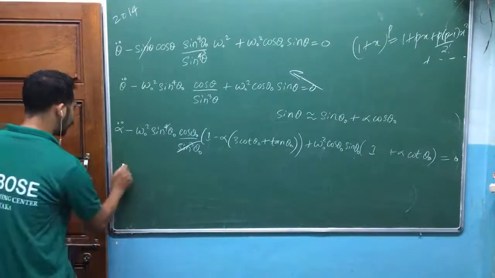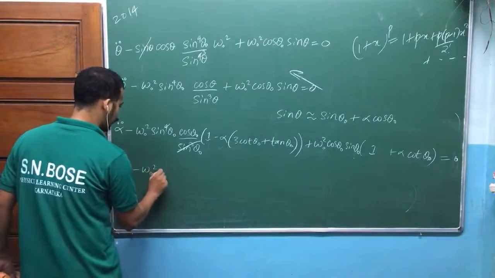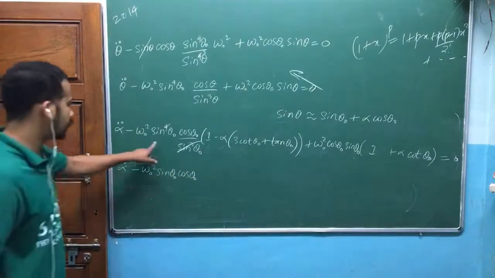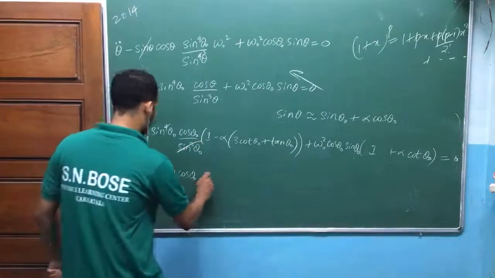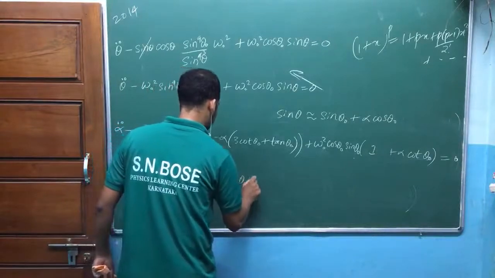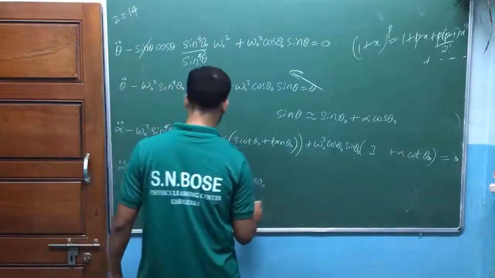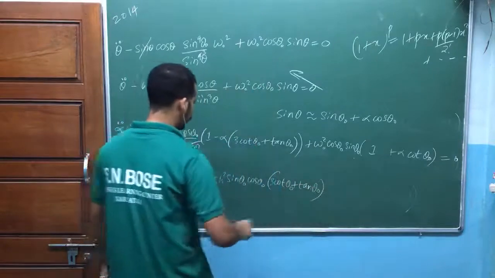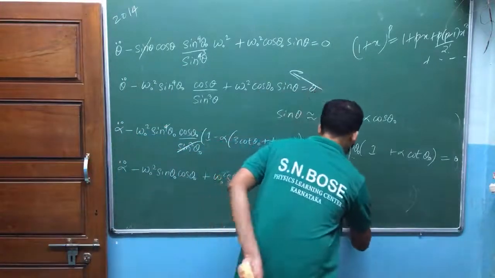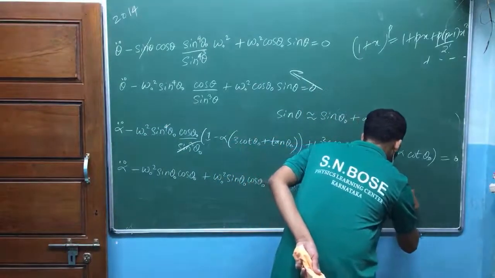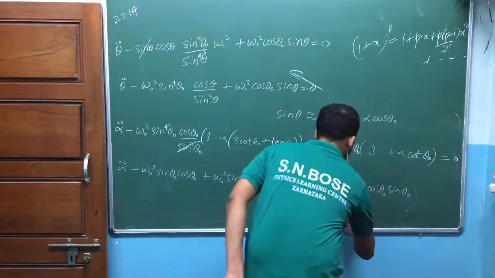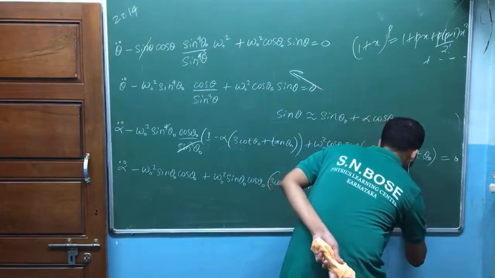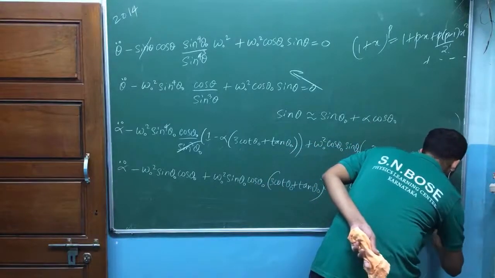Then what would happen is, again let me write one more step: alpha double dot minus omega naught square sin theta naught cos theta naught multiplied with 1, negative sign, plus omega naught square sin theta naught cos theta naught multiplied with 3 cot theta naught plus tan theta naught multiplied with alpha, plus omega naught square cos theta naught sin theta naught, plus omega naught square cos theta naught sin theta naught alpha cot theta naught is equal to 0.